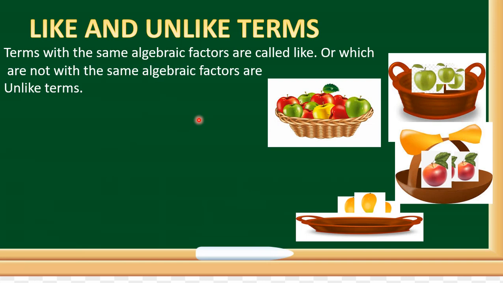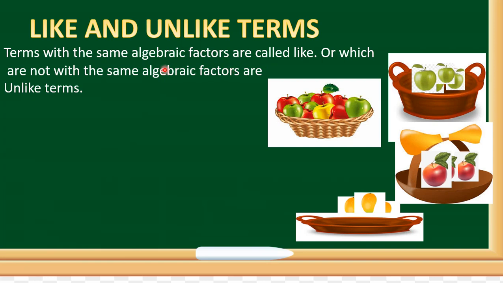So the basic concept of like and unlike terms is: when terms have the same algebraic factors, they are known as like terms, and those which do not have the same algebraic factors are unlike terms.